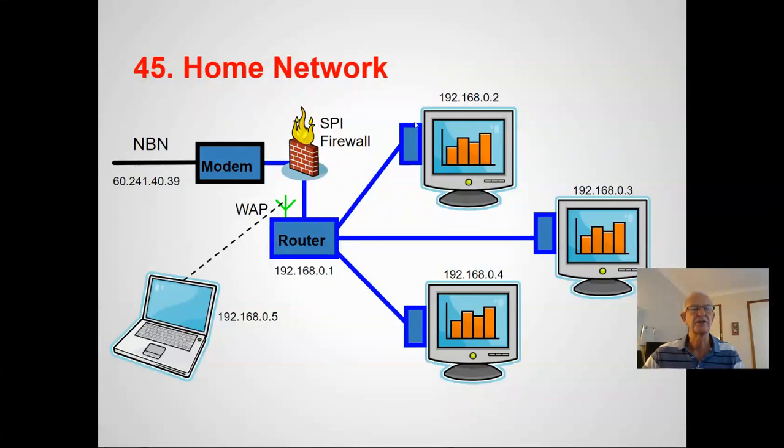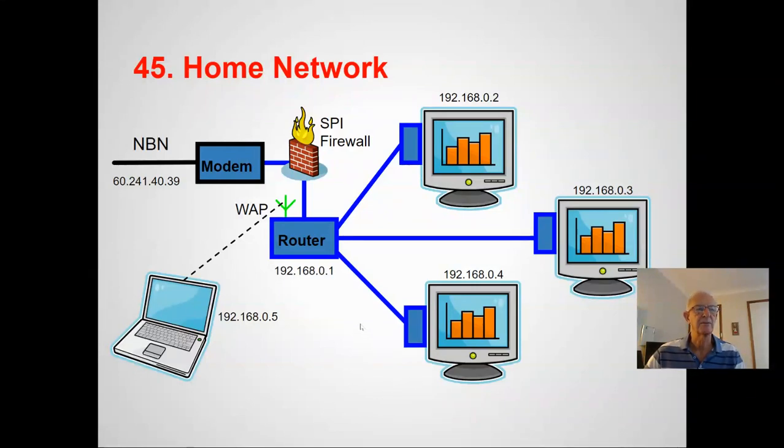And the reason it does this is then it saves all these extra addresses from being additional to the main IP address, because globally we're running out of these addresses. And so if every device in your home needed one of these addresses, we would have run out a long time ago.